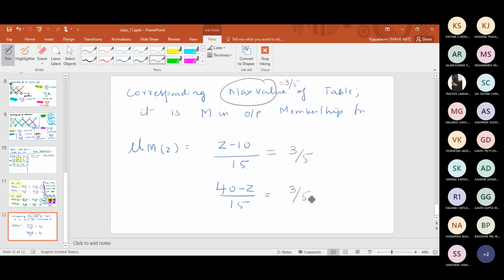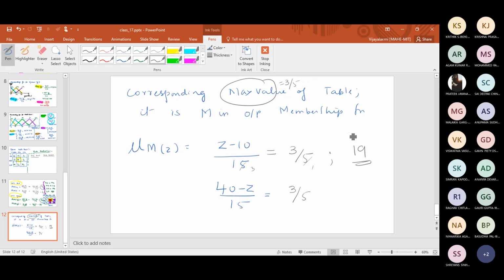If you substitute 3 by 5 and calculate the value of Z, how much are you getting? 5 3s are 3, 3 3s are 9, so 19.